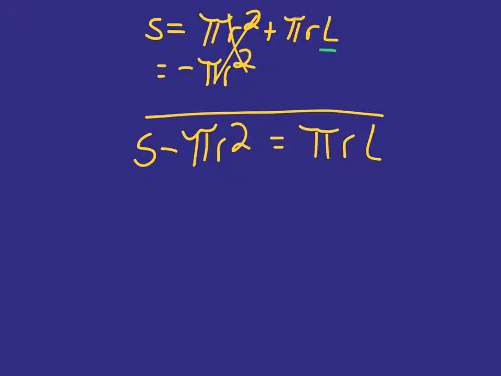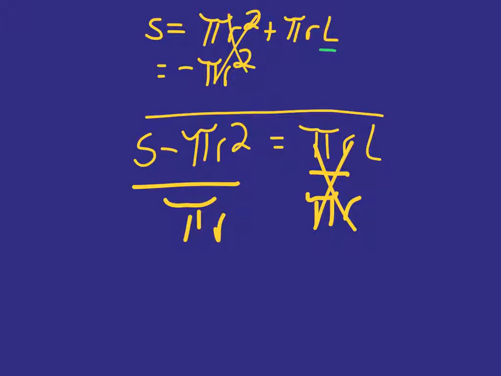Okay, from here, now all you had to do is, we're still trying to isolate that L, remember, but notice it's being multiplied by R and by pi. So to get rid of that, we just need to divide. Use the inverse of multiplication: divide by pi and R on this side, and divide by pi and R on this side.